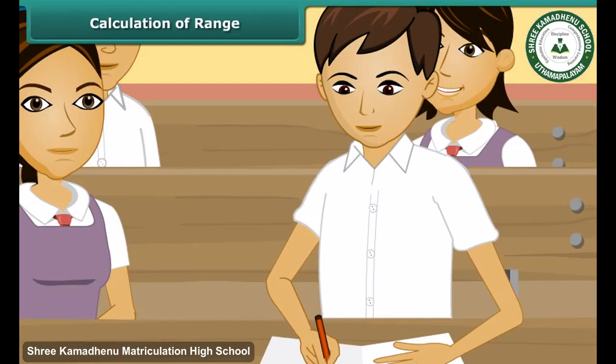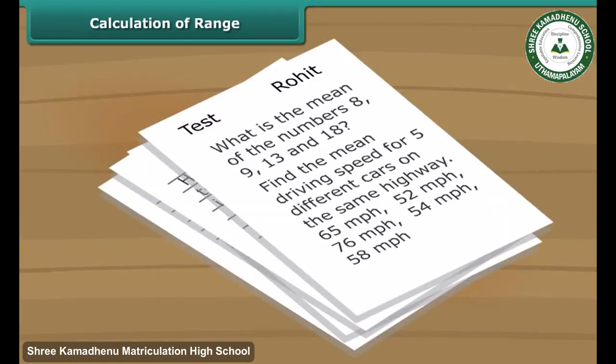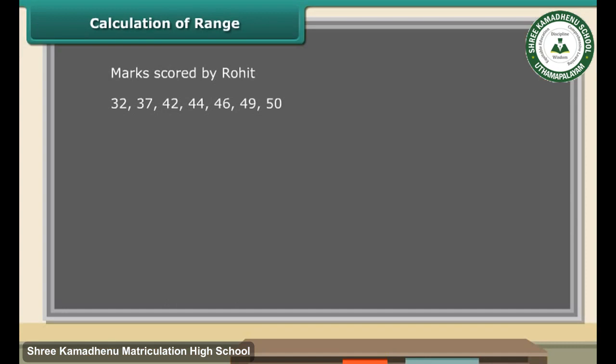Rohit is an intelligent and very studious boy in the class. He gave his maths test 7 times to improve his marks. The data shown here is displaying the marks scored by Rohit. Can you calculate the mean test marks of Rohit? Let us first add up the marks, and the sum is 300.